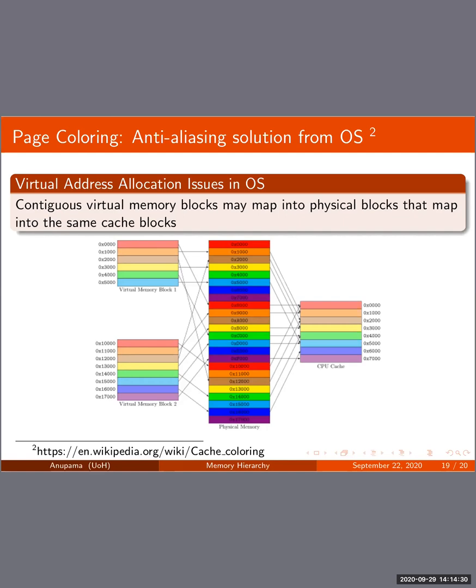That is one problem. So when they map from a virtual block to a physical block, they make sure the color matches, and that color is one of the colors of the cache. And adjacent virtual blocks do not map to the same colored physical block, so that they will not map to the same block in the cache. By this, they'll be able to avoid this problem.